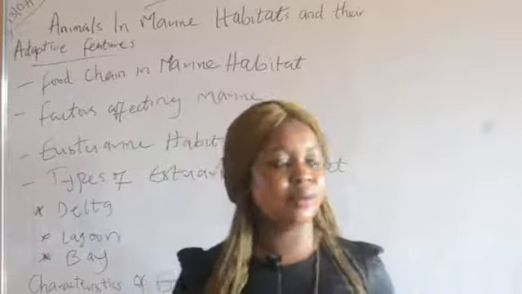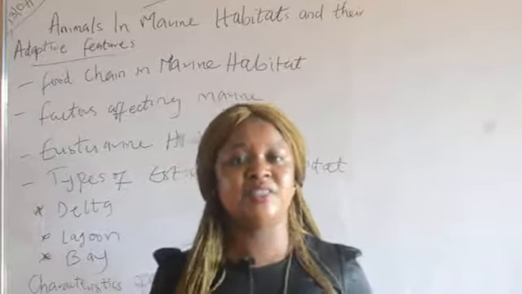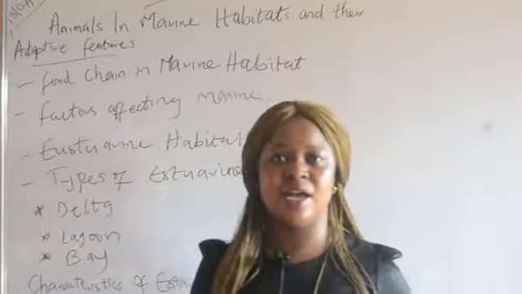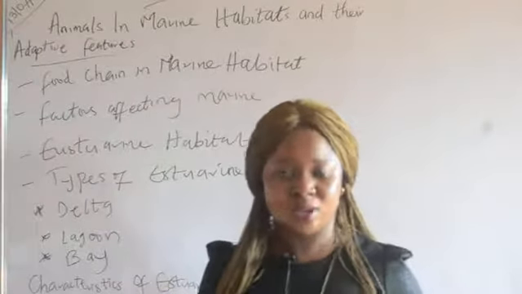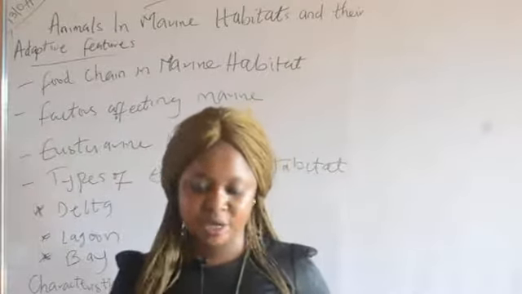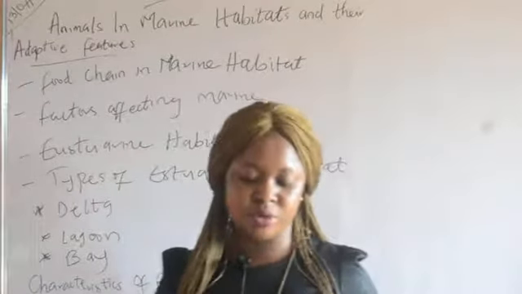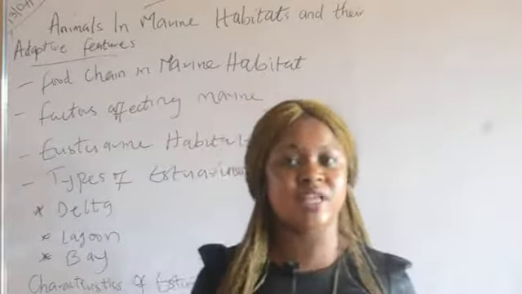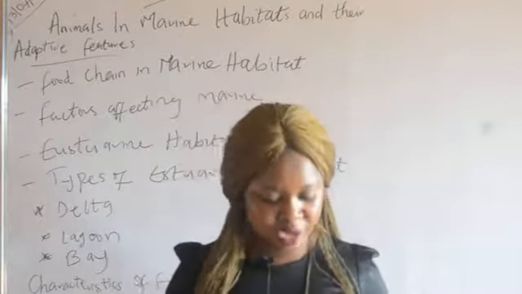The marine habitat has high salinity, which means it has a high content of salt. So these cartilaginous fishes retain urea in order to cope with the salinity of the habitat.